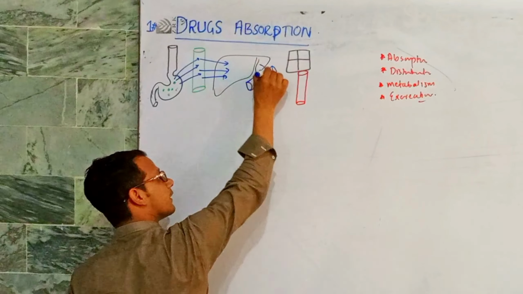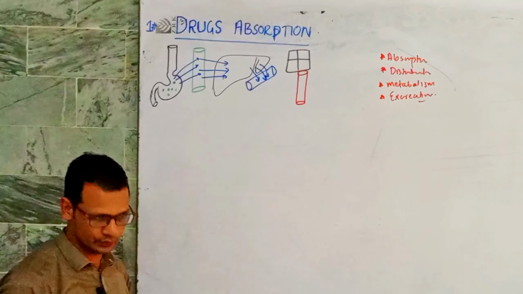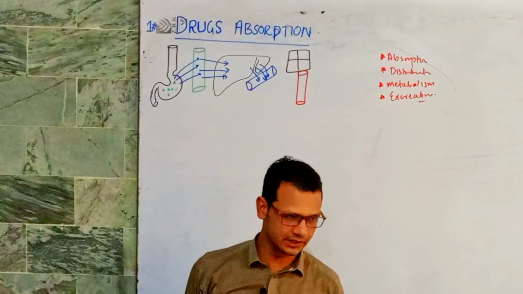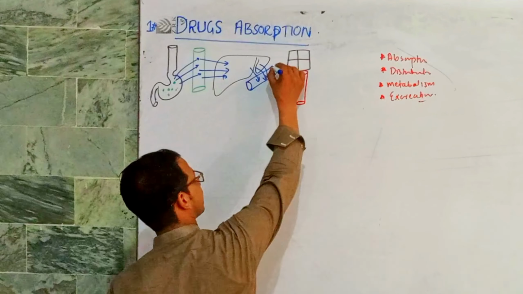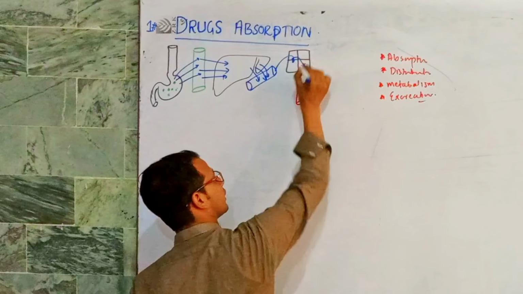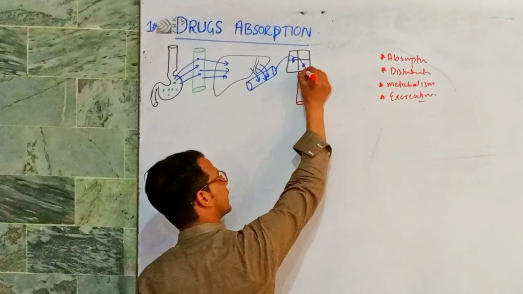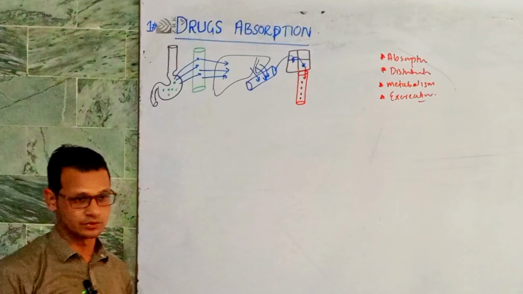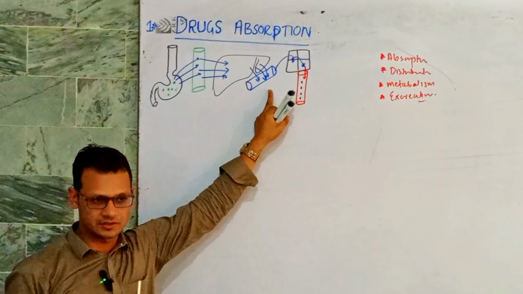From the liver, it will transfer into the hepatic vein, and the hepatic vein will drain into the inferior vena cava, and it will go to the right atrium. From here, it will go to the left ventricle, and from the left ventricle it will be added into systemic circulation. This whole movement of the drug is called absorption of drug.